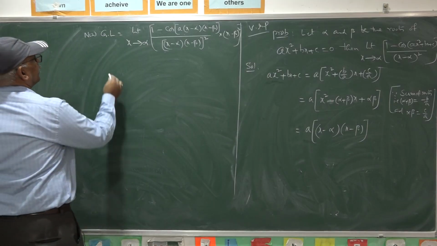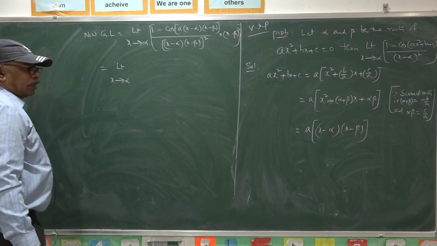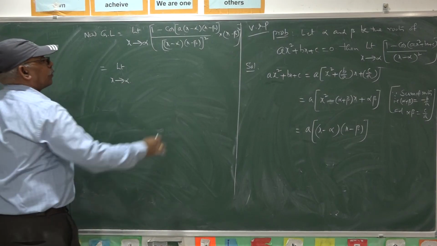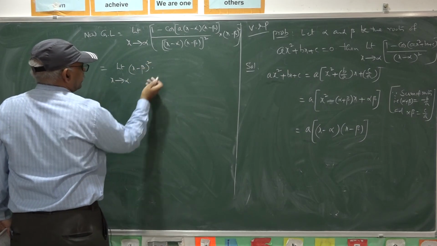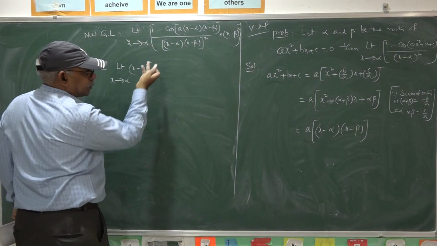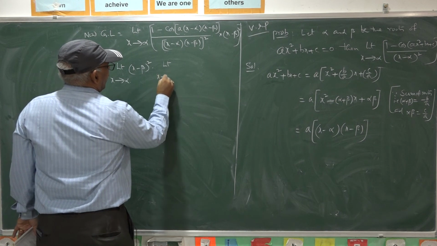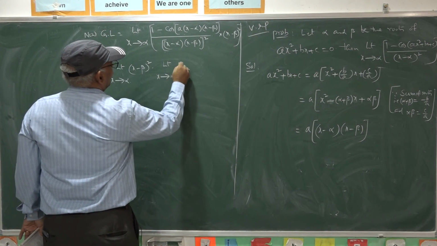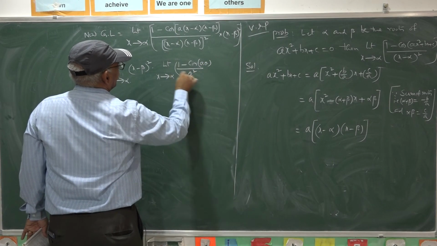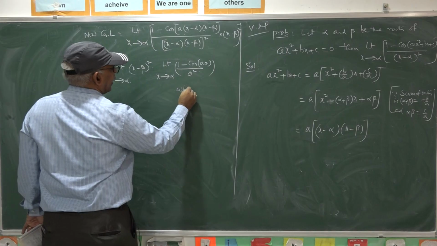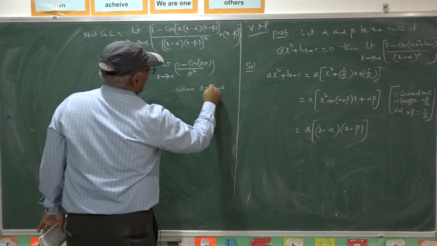So that now you can separate the limits as limit x goes to alpha. Take this one as a separate limit, (x minus beta) whole square, which gives us by substitution (alpha minus beta) whole square, a finite value, and apply the limit as x goes to alpha of 1 minus cos a theta by theta square, where theta equal to (x minus alpha) into (x minus beta).